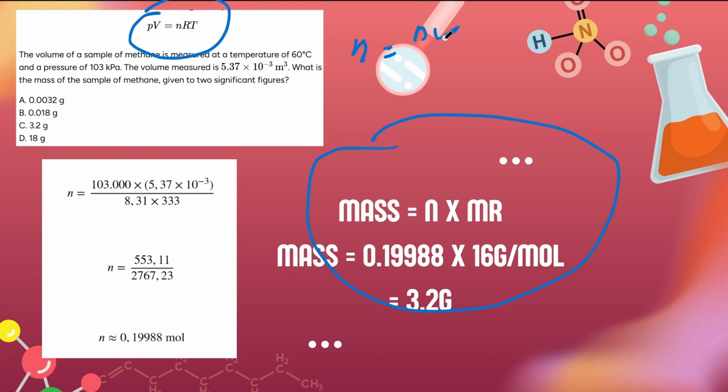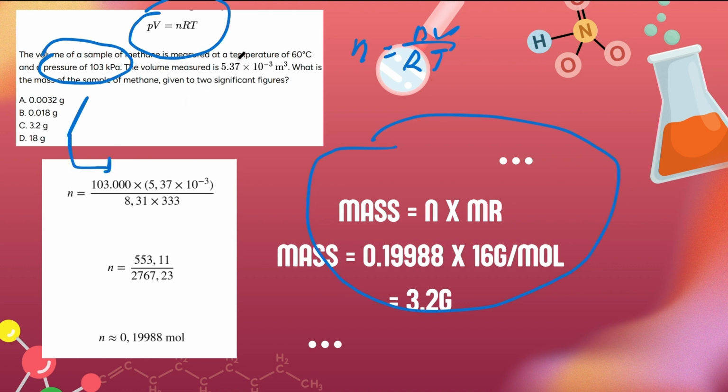PV per RT. I'm sorry if my writing is bad. Right here, PV per RT, where we put the pressure. You can see the pressure here is 100 kPa, which is 100 k, making it 100,000 right here.